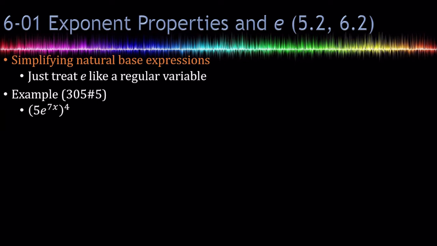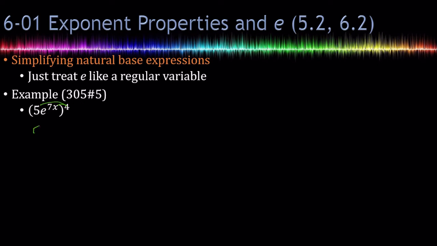For this example, page 305, number 5, we have 5e to the 7x in parentheses with a 4 as an exponent on the outside. So if we use our power of a product property, we can distribute the 4, because we're multiplying here.